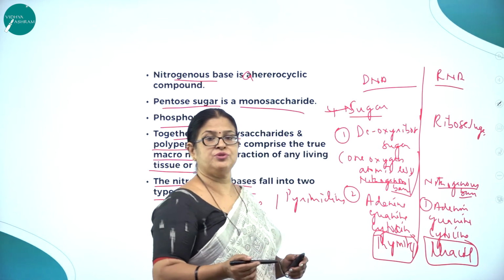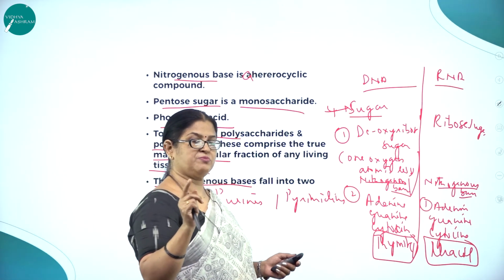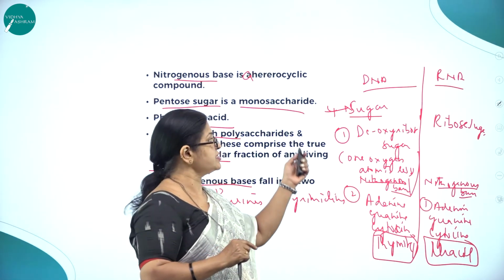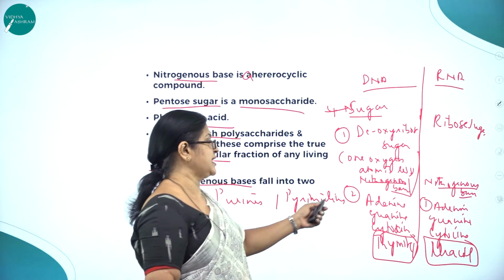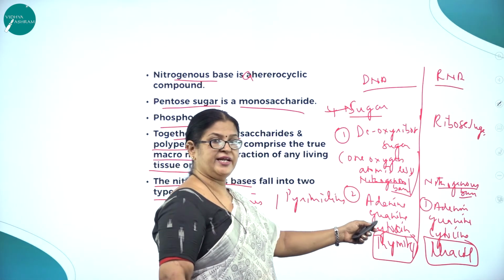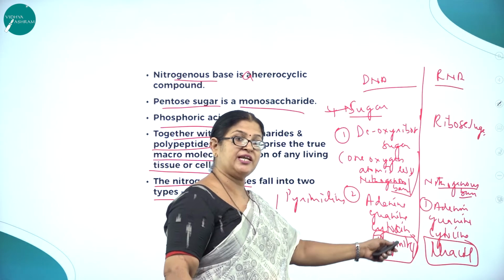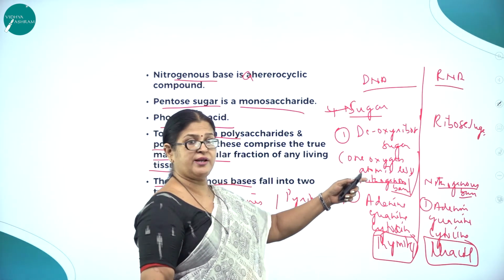So with reference to nitrogenous bases, what are the 2 very important differences between DNA and RNA? The 4 nitrogenous bases found in DNA are adenine, guanine, cytosine and thymine, whereas in RNA they are adenine, guanine, cytosine and uracil. Here it is deoxyribose sugar and here it is ribose sugar.